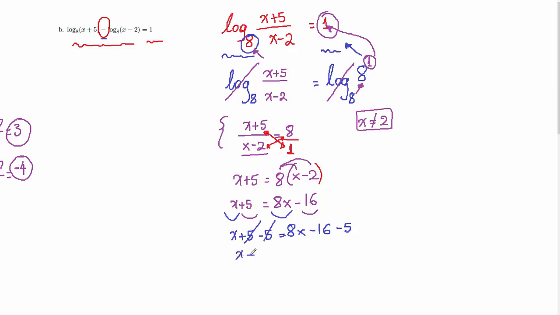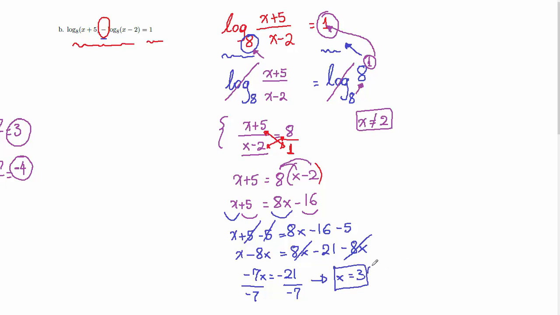And then I will subtract 8x from both sides of the equation. In this way, I simplify the 8x from here. So I have now negative 7x equals to negative 21. I divide both sides by the coefficient of x, and this gives me x equals to 3.